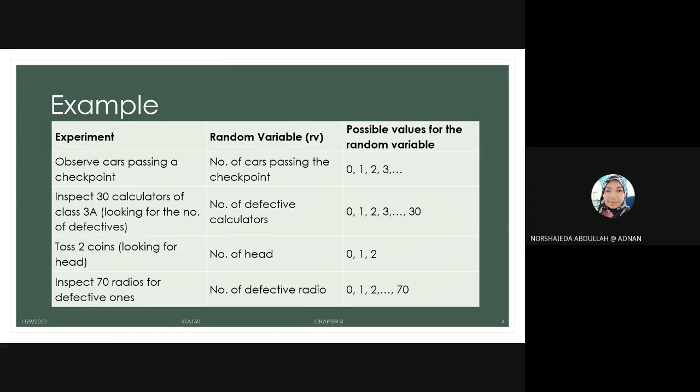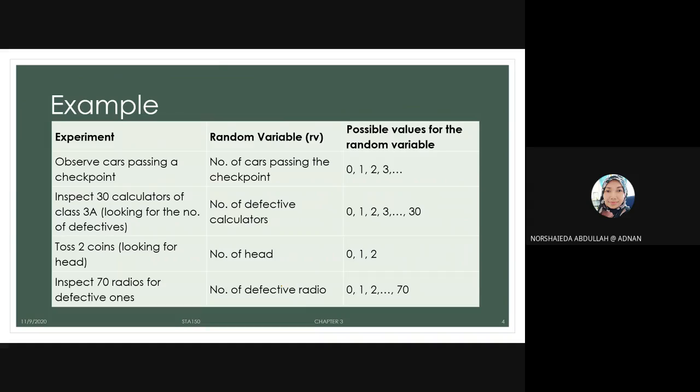Okay. So contoh lain, eksperimen lain yang kita boleh associate with the outcome as random variable. Contoh, the experiment we observe cars passing a checkpoint. Okay, so the random variable we want to consider can be anything lah. So ini just example.